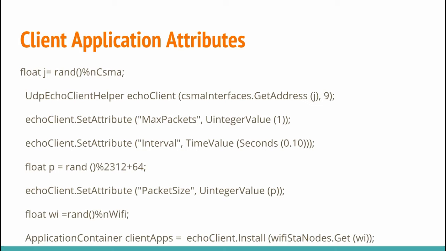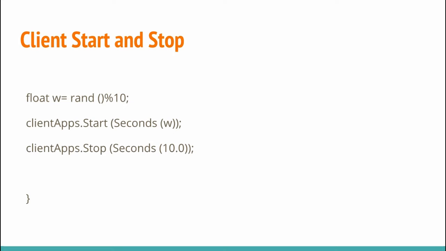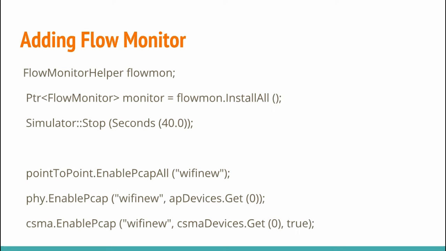After defining the application, we set the attributes like maximum packets, interval, packet size, etc. These parameters are user reprogrammable, like they can change the values and run the code as many times as possible and check the results. Similar to the server, we define the client start and client stop times using these commands.